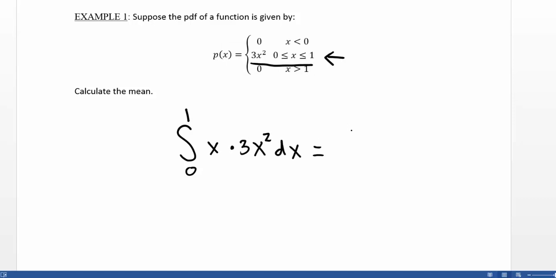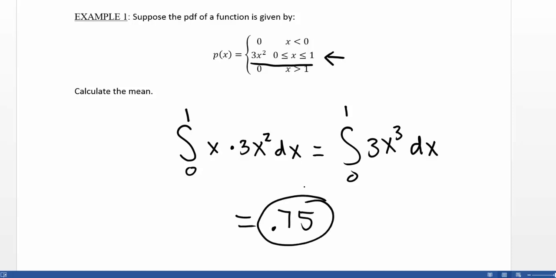I'm going to simplify this a little before I calculate. So the integral from 0 to 1, I have an x and an x squared, so I will make that x cubed. Now, since this is a definite integral, I can plug this into my calculator. I could do it by hand if I wanted to, but I'm going to use my calculator here. When I plug that in, I'm going to get 0.75.